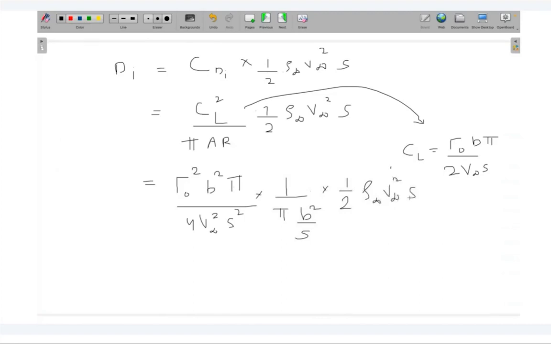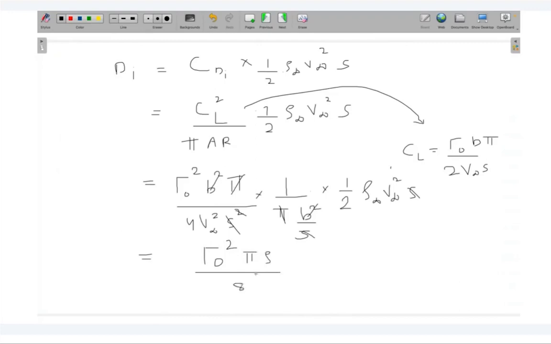So you have, this S and this S cancel, b square cancels, pi and pi would get cancelled. So ultimately, this will turn out to be a value of gamma naught square pi rho by 8.